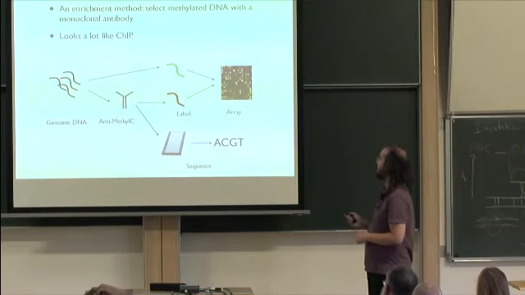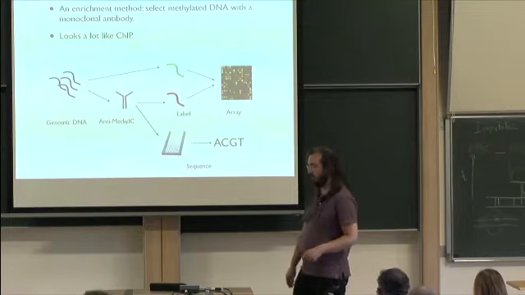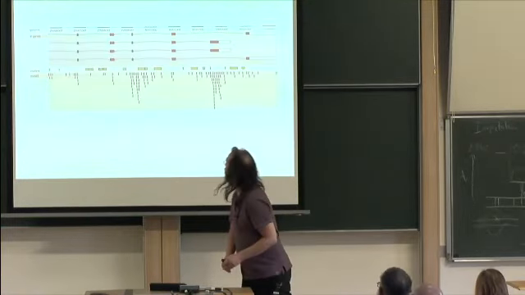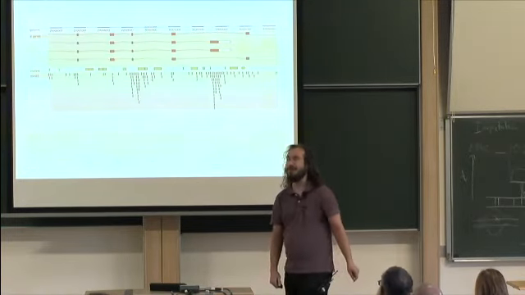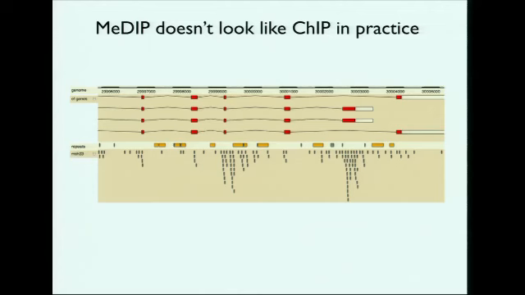You either put it on a two-channel microarray, or sequence your enriched fragments. It would be nice if the analysis was basically the same as ChIP as well, and up to a point it is. You can take your sequence tags, align to the genome, stack them up, see peaks.